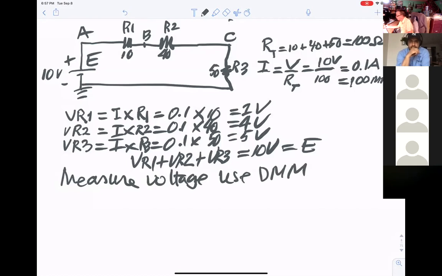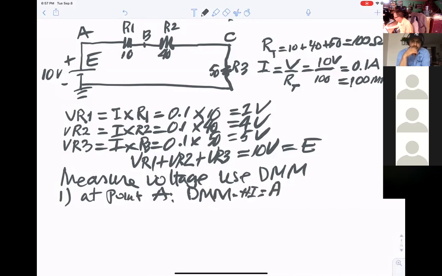If I want to measure the voltage at point A, how do we connect the DMM? The DMM high side connects to where?